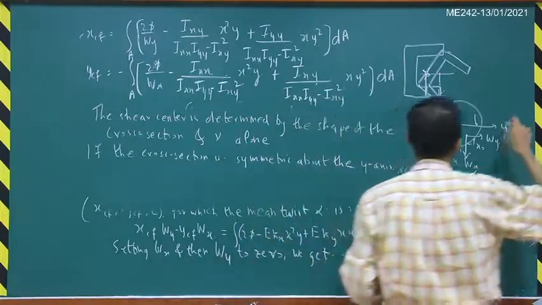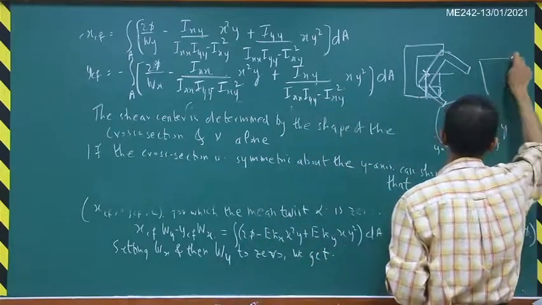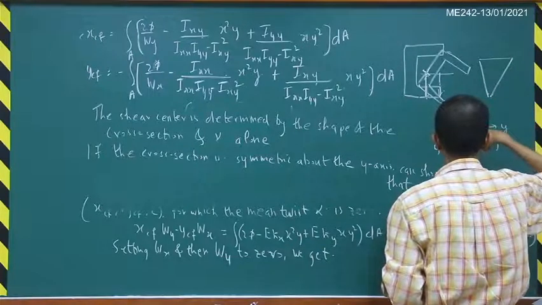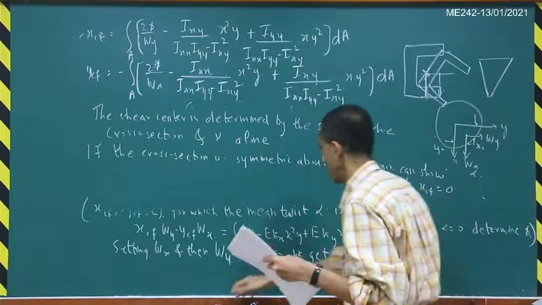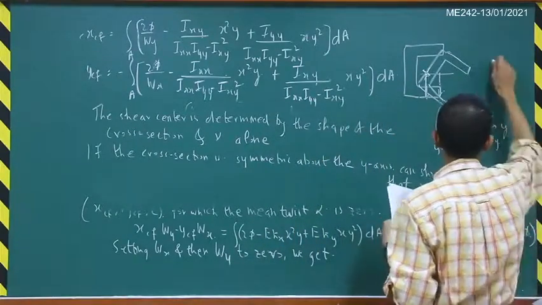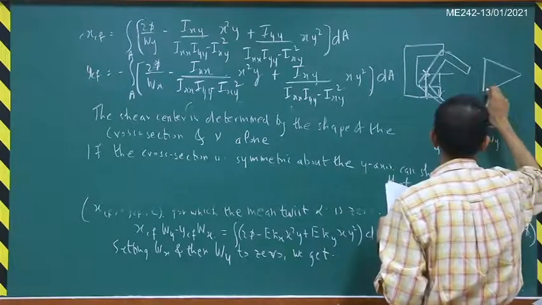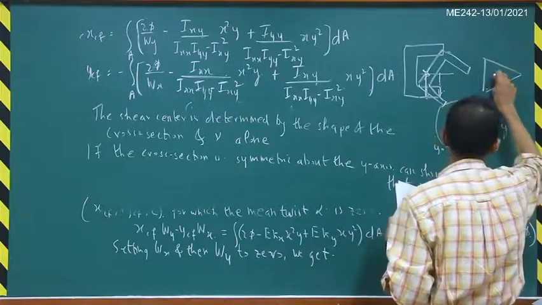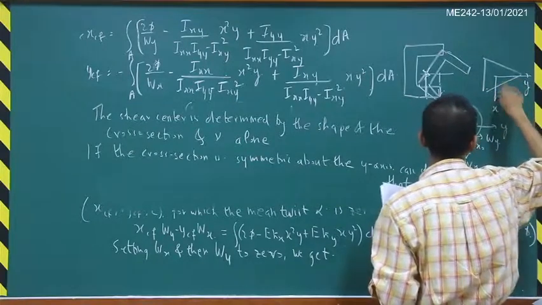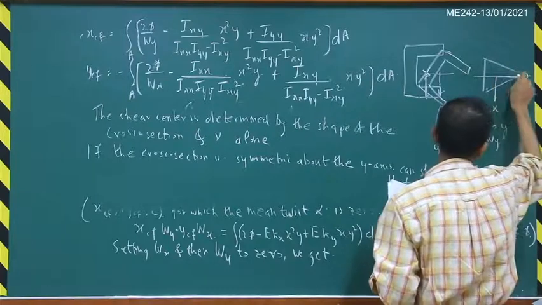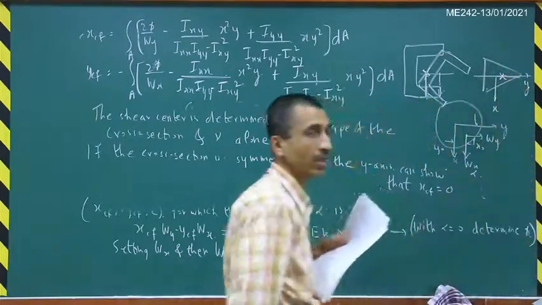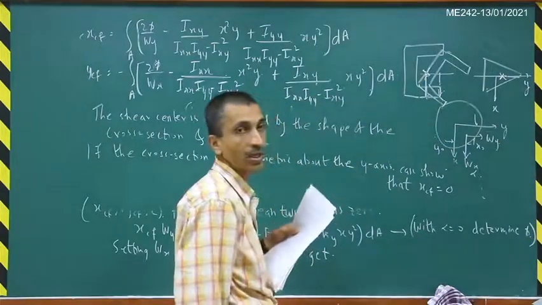So let us take an example. Suppose your cross section is like this. Let me take another example here. Let me take it like this. And now this is your x-axis. Now it is symmetric about the y-axis. Then XCF will be 0. So the shear center will lie somewhere along this particular line. Right? So the XCF in that particular case will be 0.